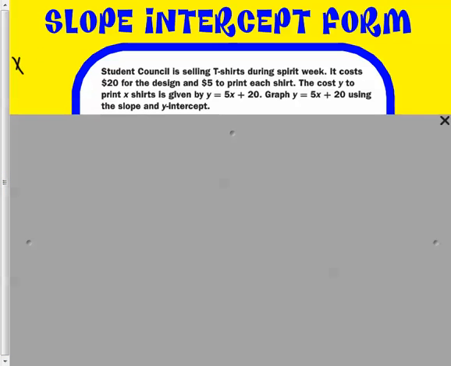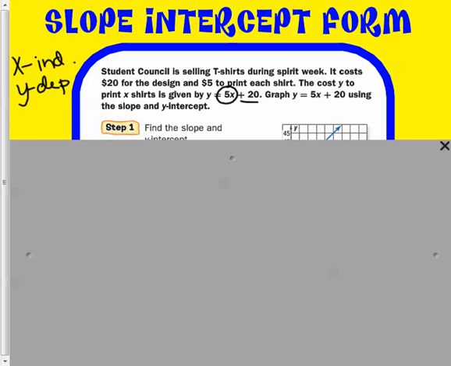So your x is always your independent variable, and your y is always your dependent variable. So in this case, we are graphing y equals 5x plus 20 because it's costing me $5 times my t-shirt, and I'm adding on $20 for the design.